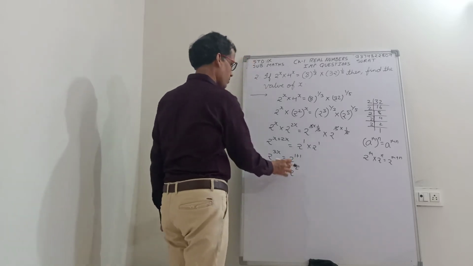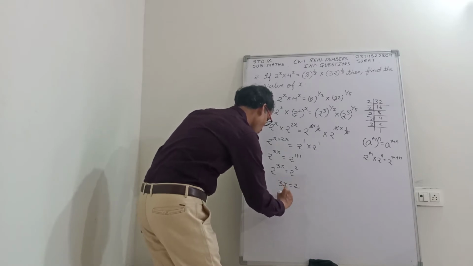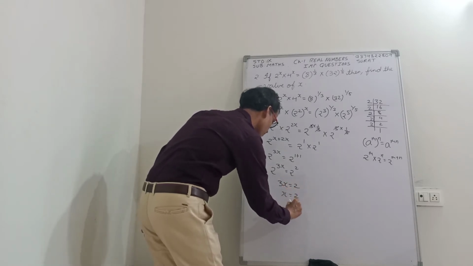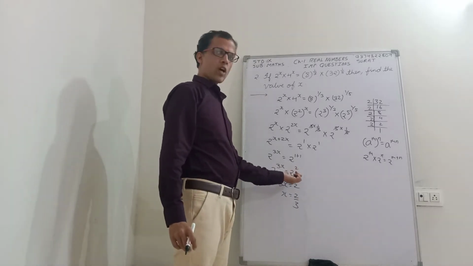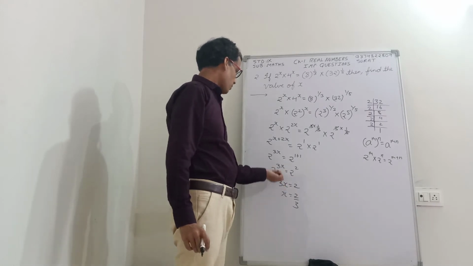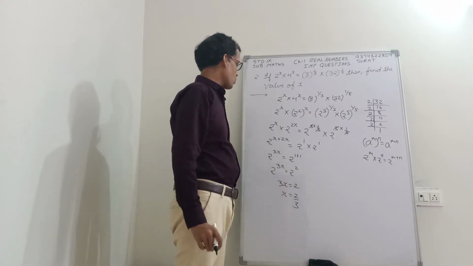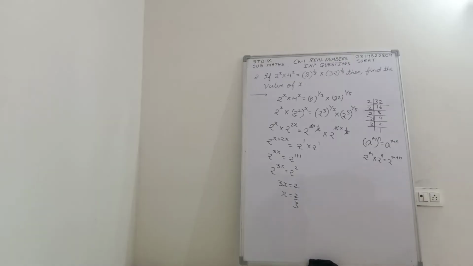Now base is same, so equate the power: 3x equals 2, so x equals 2 by 3. So this completes our second question.